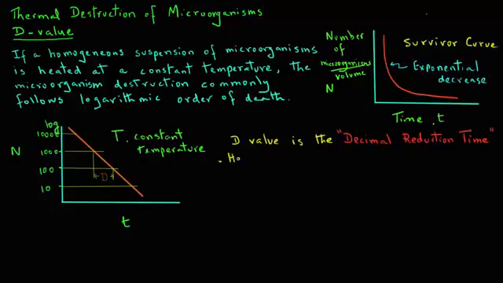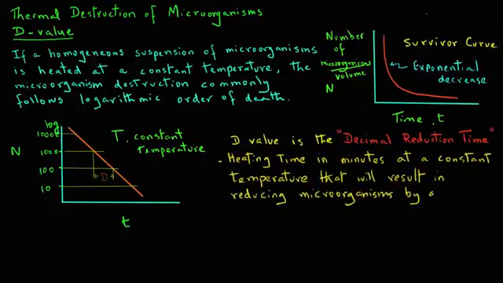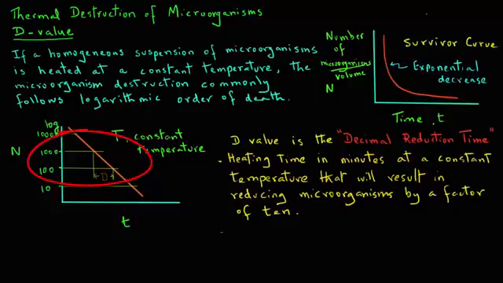It is the heating time in minutes at a constant temperature that will result in reducing the microorganisms by a factor of 10. So we see here in this figure that this D-value represents the time for the number of microorganisms to decrease from 1,000 to 100, or it decreased by a factor of 10.